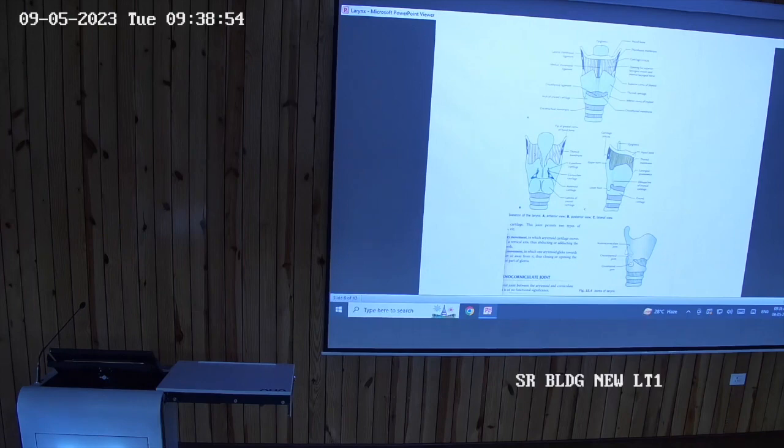Lower down, look, this is the cricoid cartilage, and above, this is the thyroid cartilage. A membrane extends between the two, called the cricothyroid membrane. This cricothyroid membrane is again thickened in the center, called the cricothyroid ligament.